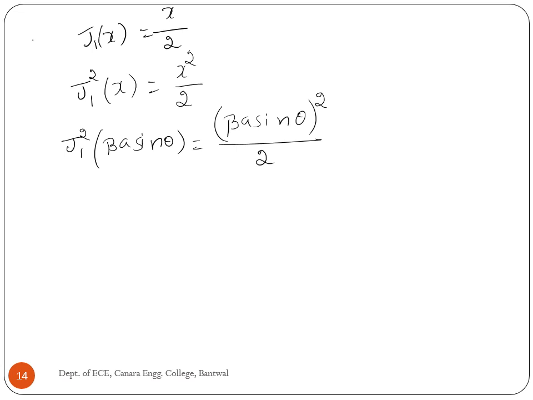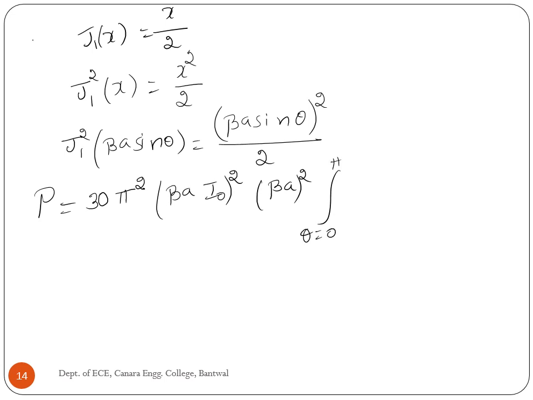When I substitute this in equation 4, radiated power P is equal to 30 pi square beta a I naught square, integration theta is 0 to pi, beta a square sin square theta divided by 4 into sin theta d theta.